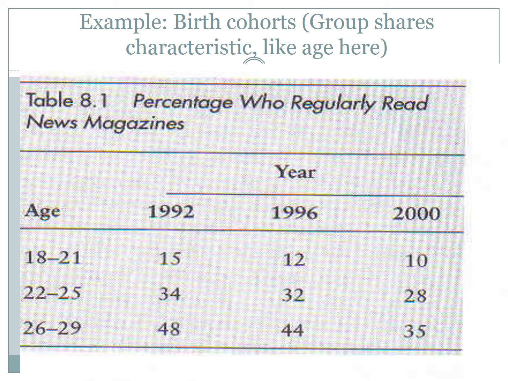And that age group of 26 to 29 in the year 1996 still is 44%, which goes down to 2000 to 35%. What's happening over time? Well, our technology has changed quite a bit over time, so that definitely is a characteristic that we can't control, but relates to what we're looking at here.